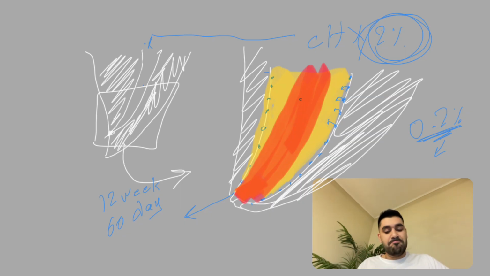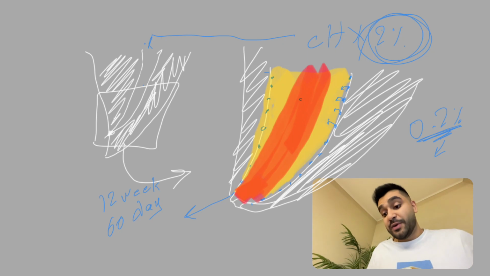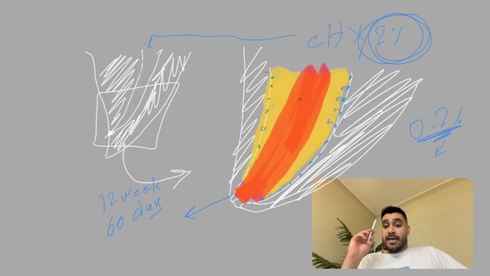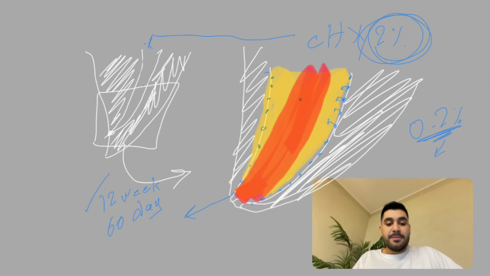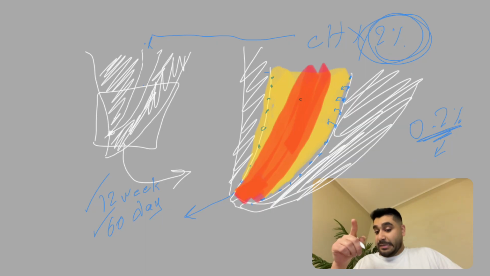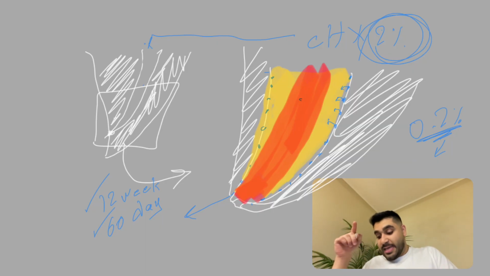We have it, but it's very low, we don't have a big difference. So we have to use chlorhexidine 2%, 12 weeks based on one article, and 60 days based on the other.